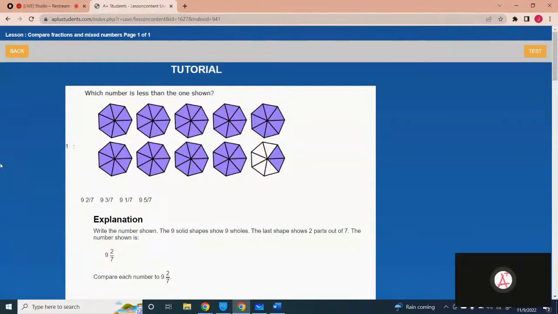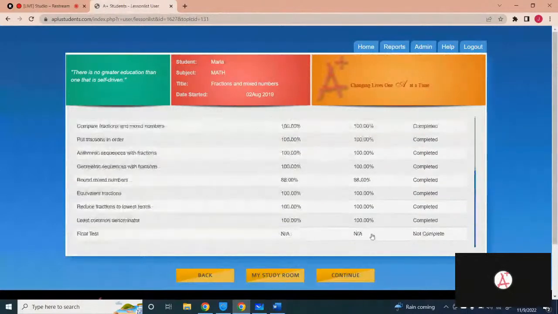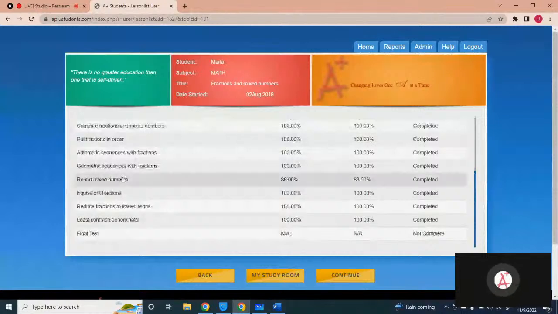No, we have to start with round mixed numbers. Sorry. We have already done this one. Hi everyone. Here is round mixed numbers, so we have to start with round mixed numbers.